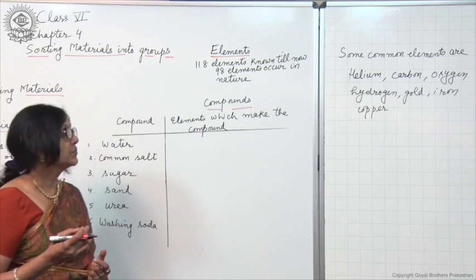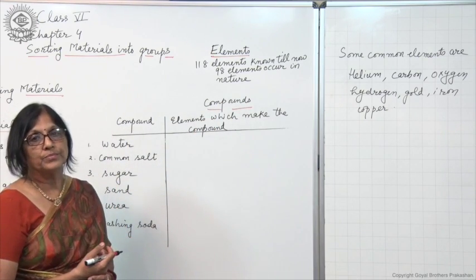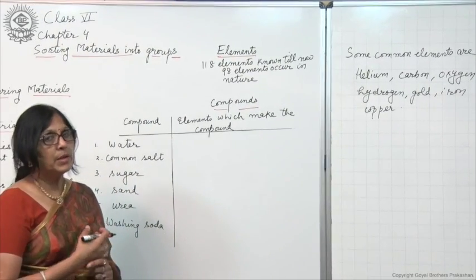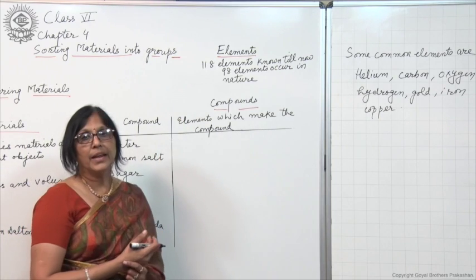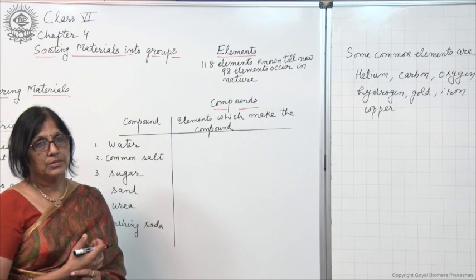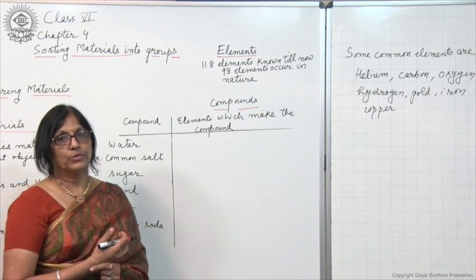In detail you will study later. Now, about compounds, I told you water is a compound, carbon dioxide is a compound, and millions of compounds can be formed by these 118 elements. By the combination of atoms of different elements, a vast variety of compounds can be formed.